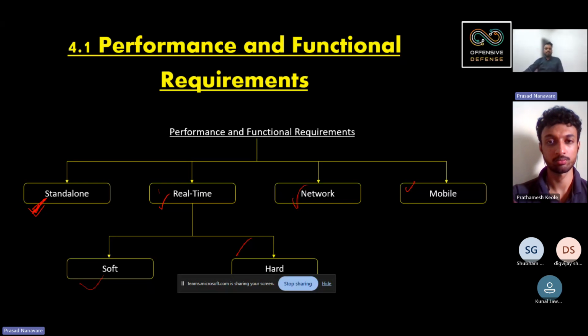It has network involvement. Standalone is completely on its own. Understand that. Then the basic temperature measurement system is a standalone embedded system. Anything that is not networked and electronic is a standalone embedded system.